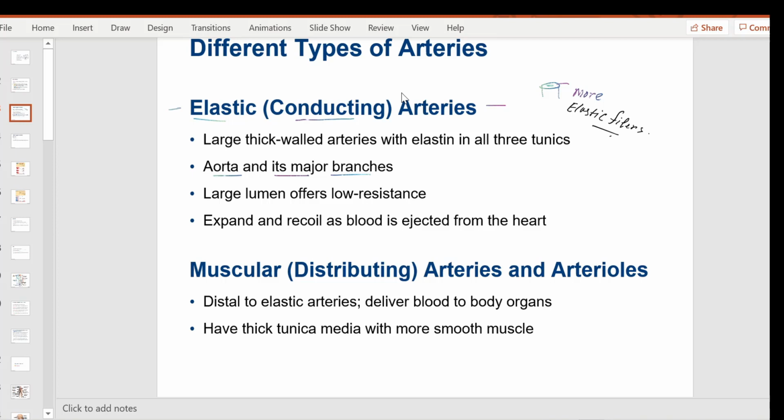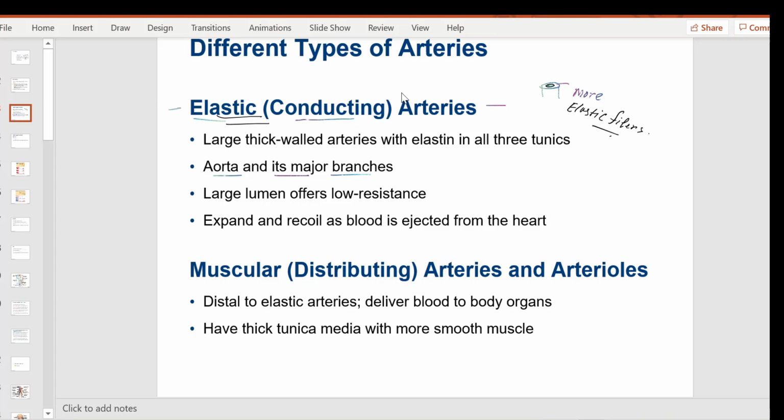That means what? That means elastic arteries can expand when pressure increases inside. Since the wall has elastic fibers, the elasticity is present in the wall, and that will change the shape of the artery. Okay, which is helpful because you know that large arteries receive blood from the heart, and when the heart contracts forcefully, suddenly a lot of blood enters into the elastic arteries, right?